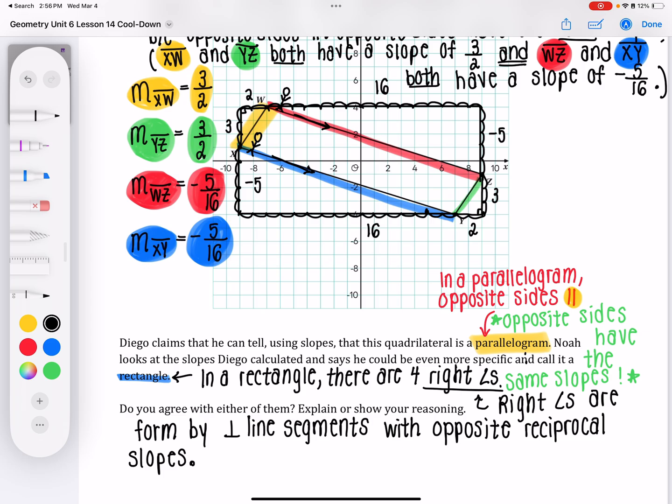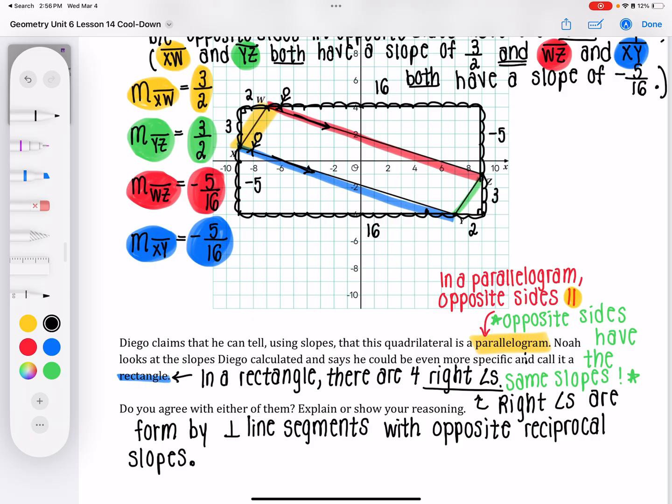So looking at the yellow line segment, that slope is 3/2. If it was the opposite reciprocal slope, the red and the blue line segments should both be negative 2/3. And they are currently not negative 2/3.